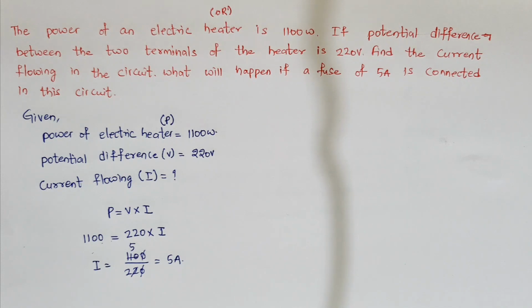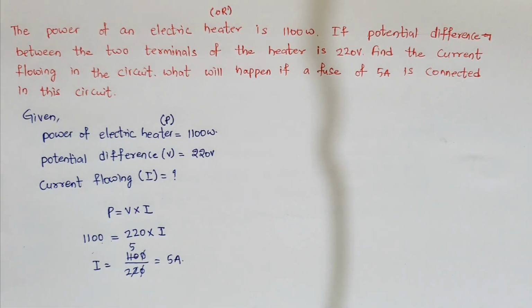But if we choose a fuse of 6 amperes, then what happens? Equipment may get damaged. The rating of the fuse should be very close to the current requirement of the equipment. So the current requirement of the equipment is 5 amperes only, so we should choose a 5 amperes fuse only.